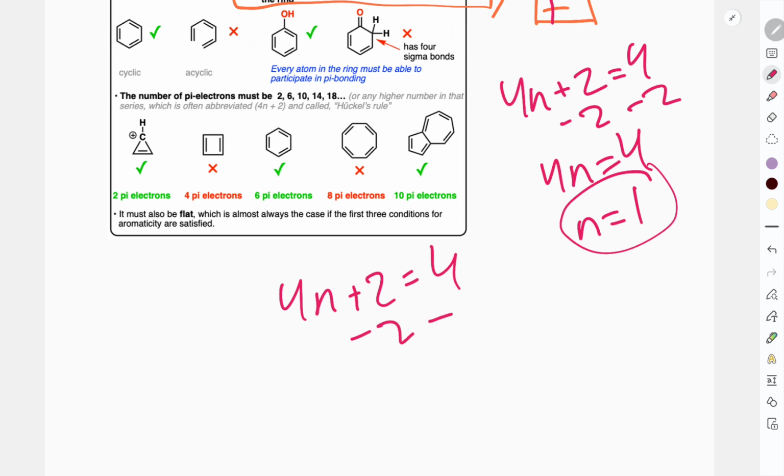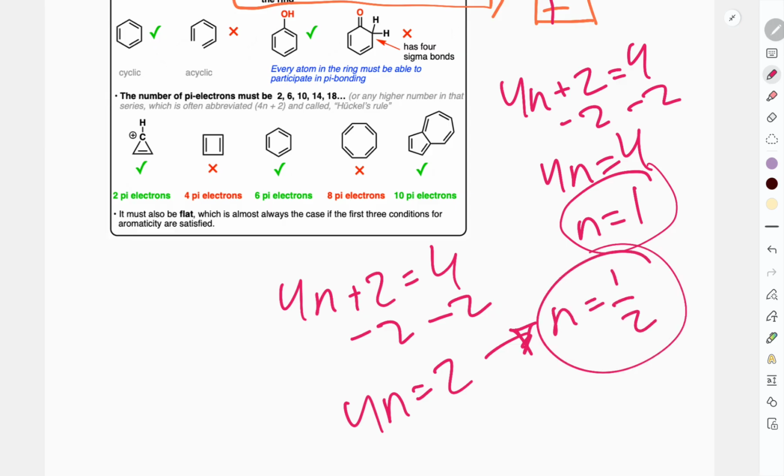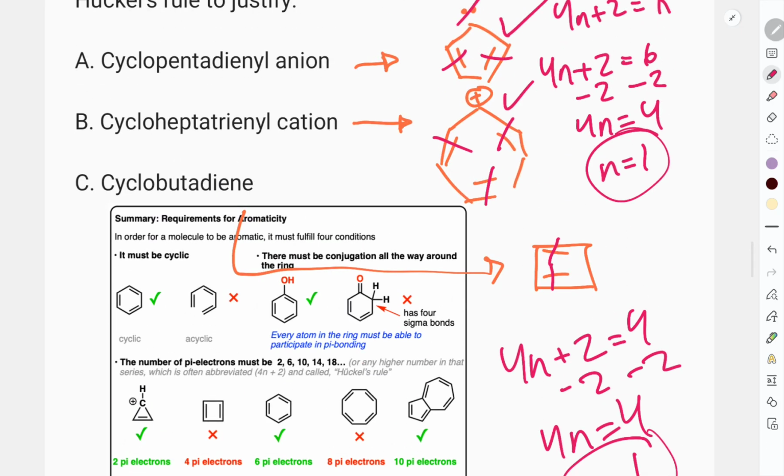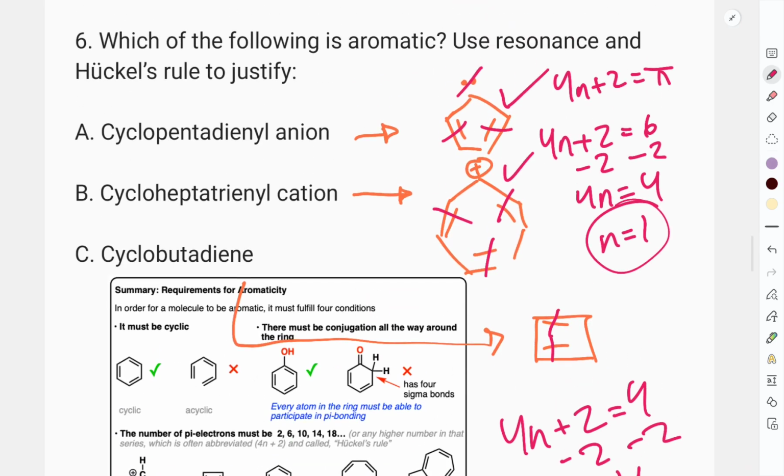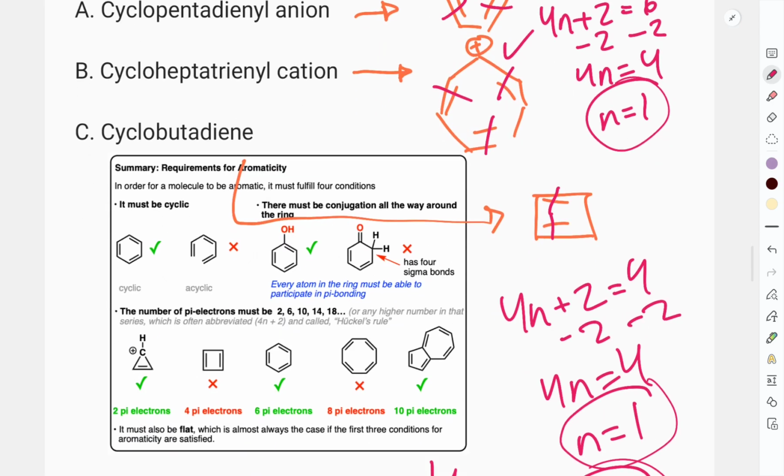We can minus 2 on both sides, which will make it 4n equals 2. And if we do the math, n will equal 0.5. And because it's a decimal, this will be non-aromatic. And non-aromatic molecules are less favorable for resonance. So that's how it would justify it.